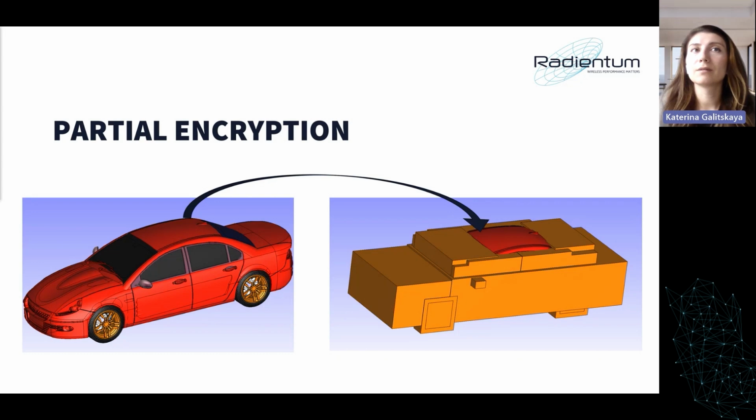So we can play with that, but we cannot see other parts. And of course, that can be applied to every part of the car that you can see. It can be less encrypted, it can be more encrypted.